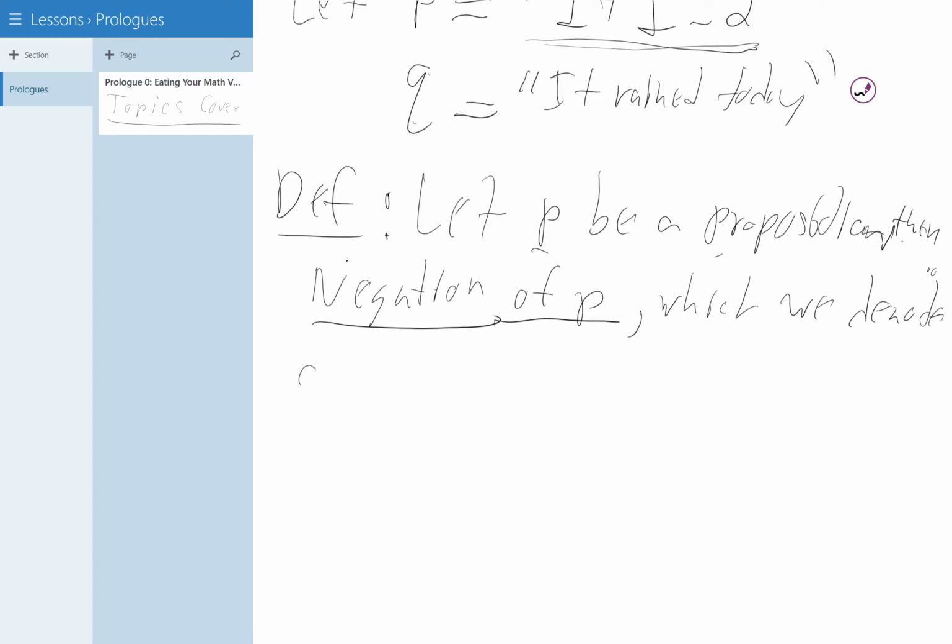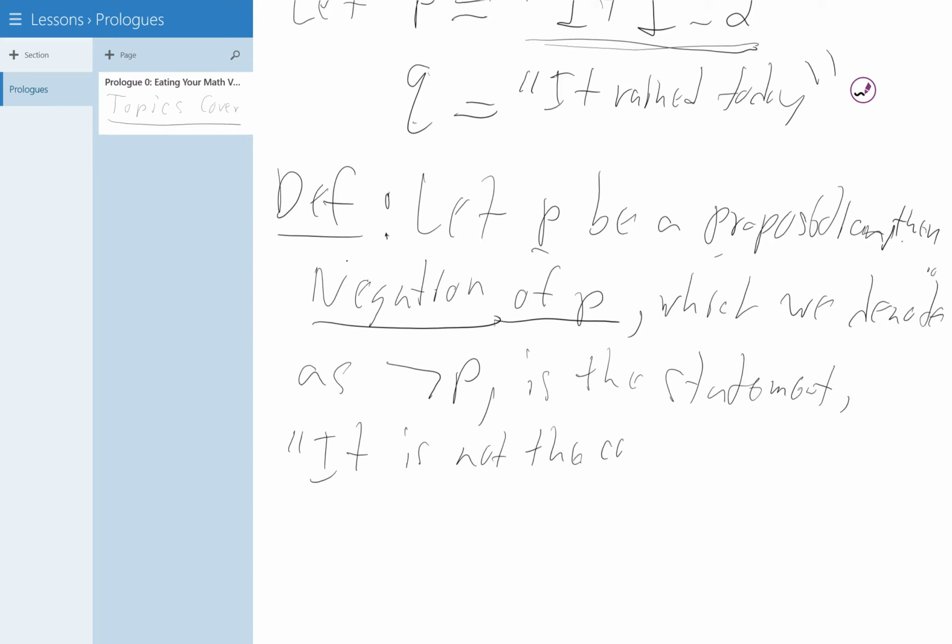This will be our not operator that I mentioned before. It is the statement: it is not the case that P.